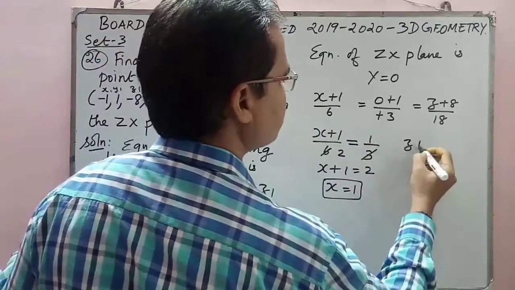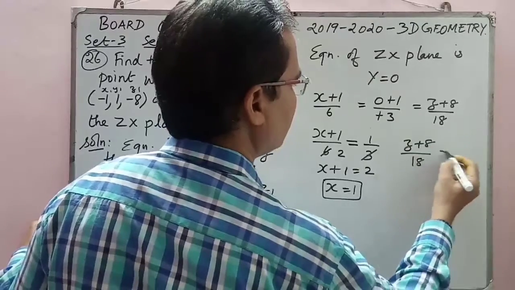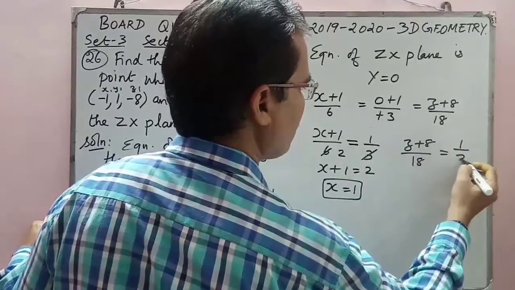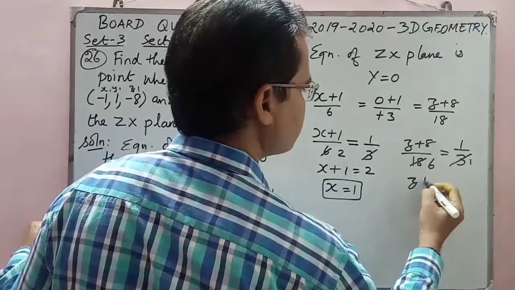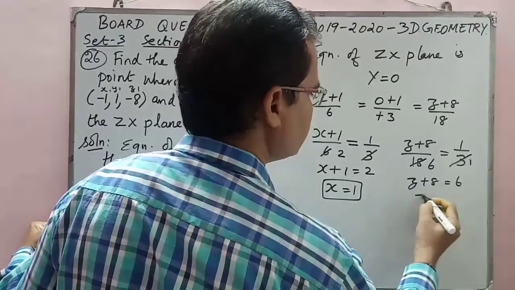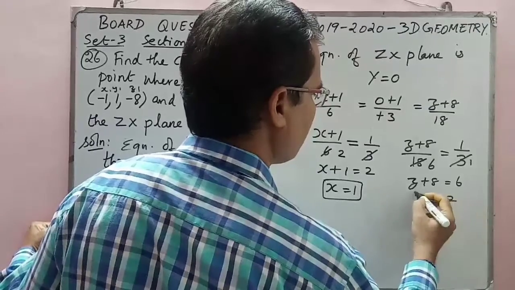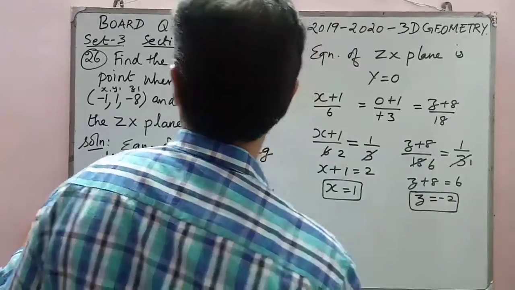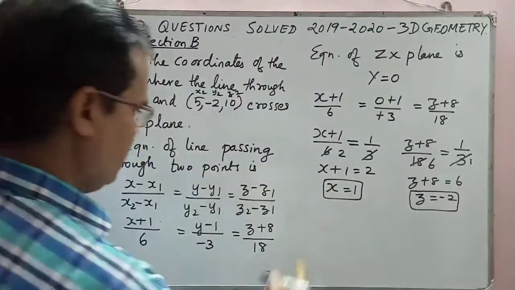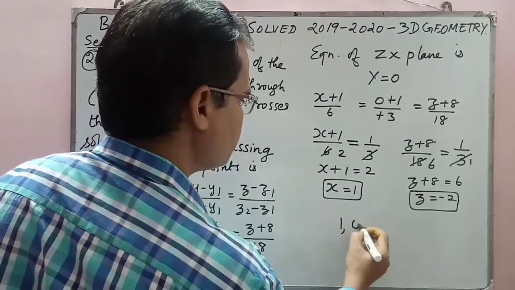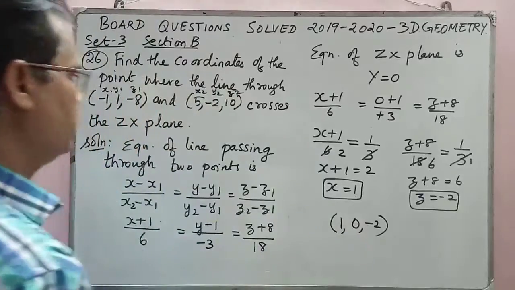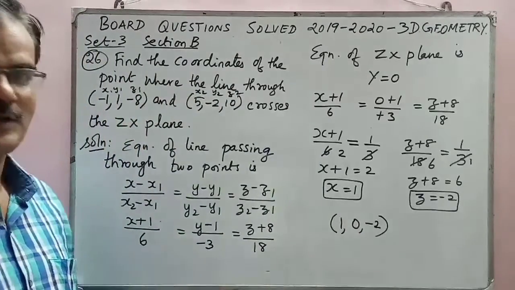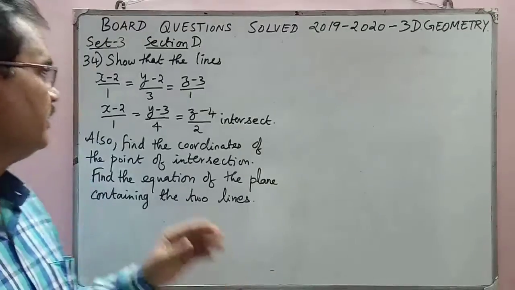Next, z plus 8 by 18 equals 1 by 3, 6 times. Now z plus 8 equals 6, z equals negative 2. So the coordinates are 1, 0, minus 2.